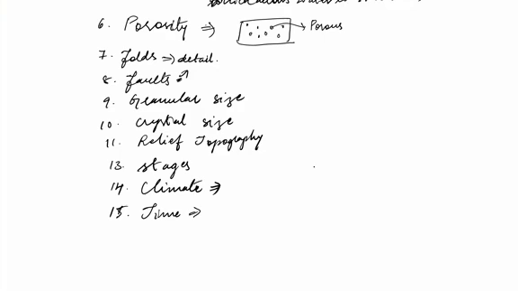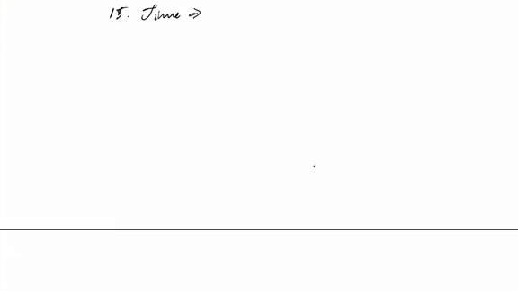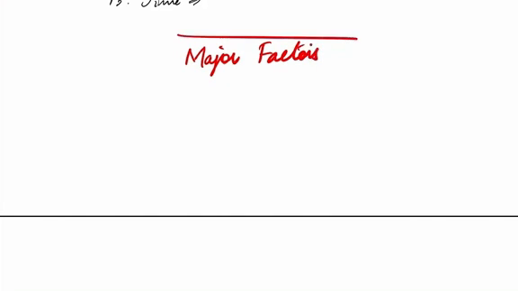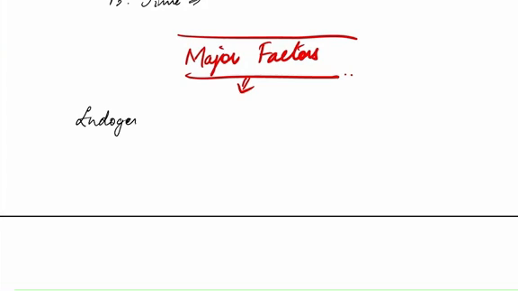Now we'll see the major factors which affected the formation of Earth. I'll try to go as fast as possible. The first is that it is classified into two types, endogenetic and exogenetic.